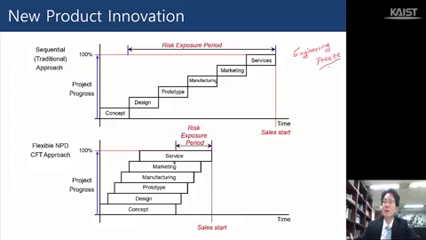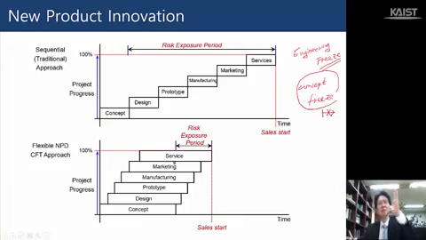What does that mean? Or you can say that there is a concept freeze. That means that after this concept freeze point, you cannot make any change to the concept. In other words, the concept is absolutely fixed at this point in time. So everything is just frozen at that particular moment.